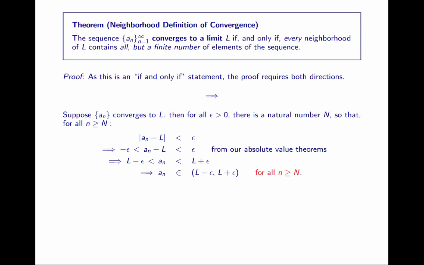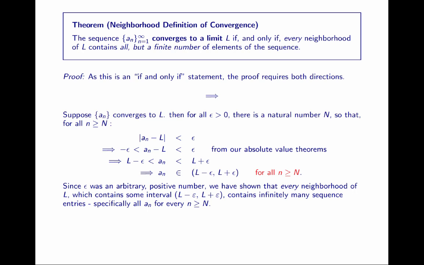And that's true for all little n greater than a specific natural number. Of course, there are infinitely many little n greater than or equal to big N. So what about my sequence entries before big N? Well, maybe they're in the interval, maybe they're not, but there's only a finite number of them.